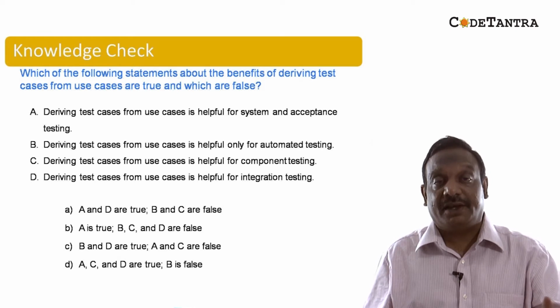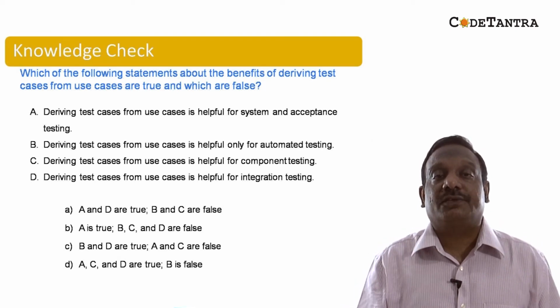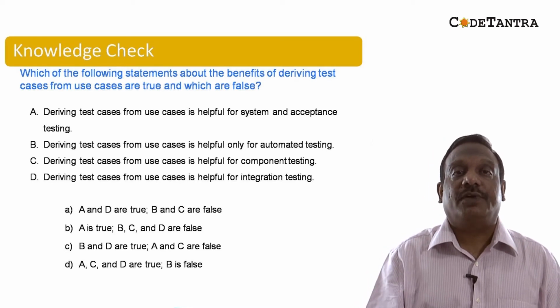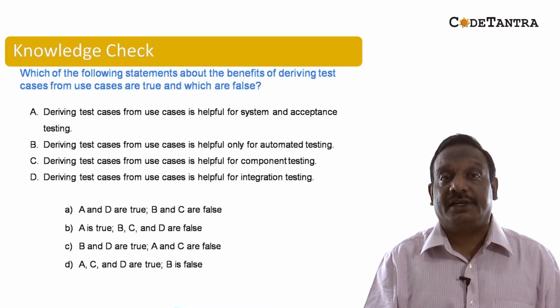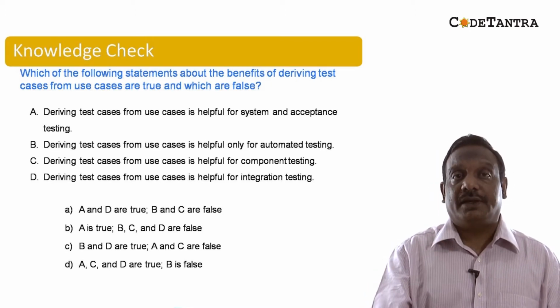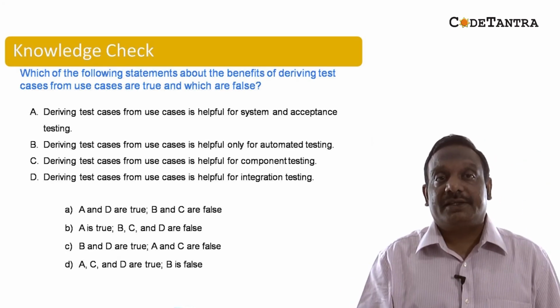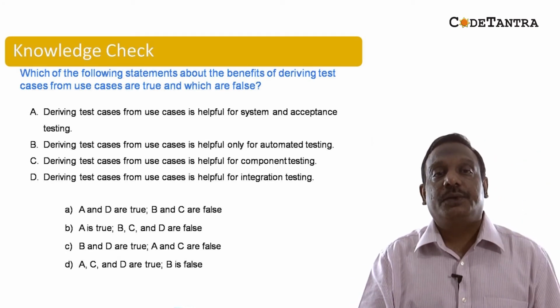I have A, B, C, D there. Some of them are true, some of them are false. Deriving test cases from use cases is helpful for system and acceptance testing. Is it true or false? Yes, it is true, because deriving test cases from use cases is very helpful at the higher test levels. So A has to be true.